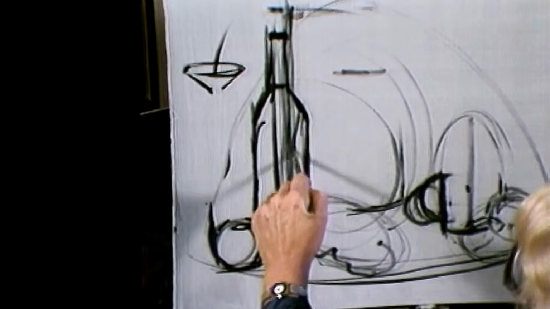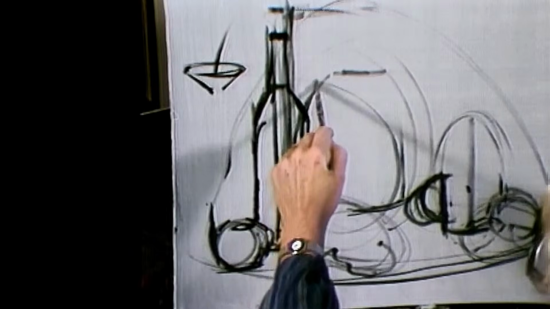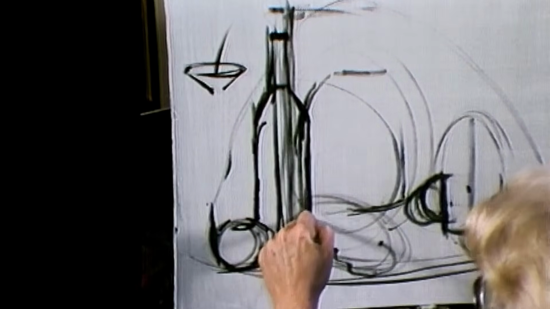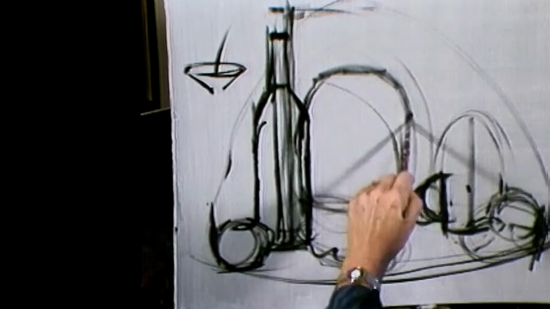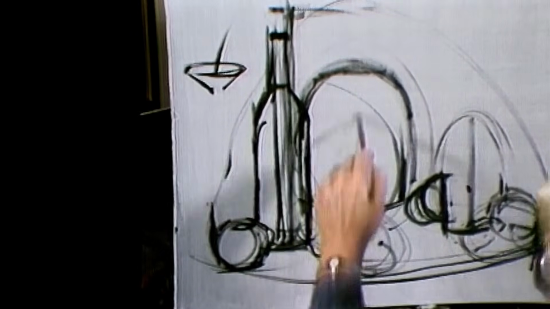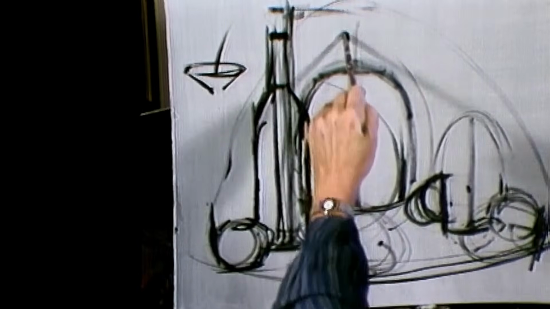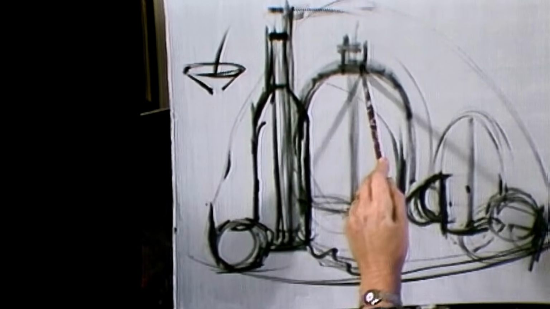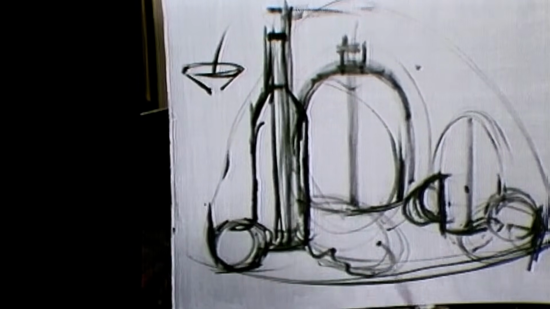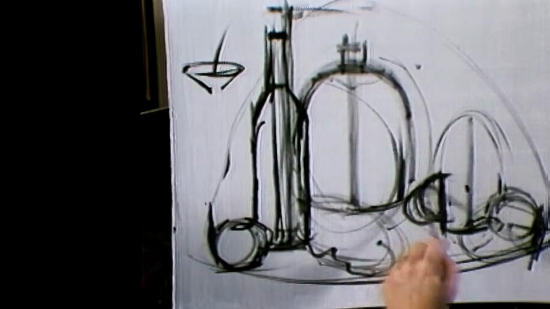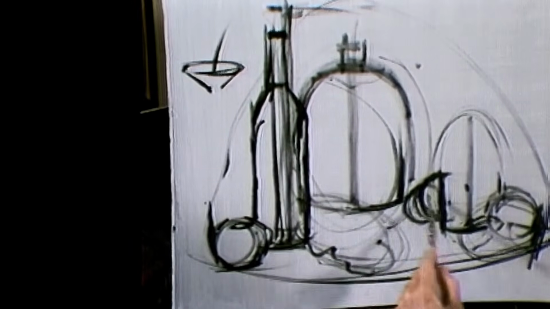Now we have the bottle, the stone crock in relation to it. It's again behind it, and it's going to be about in here. The bigger part of the shape first, to then find the smaller part of the shape. Of course, the handle is of no consequence now, because that can always be added later.